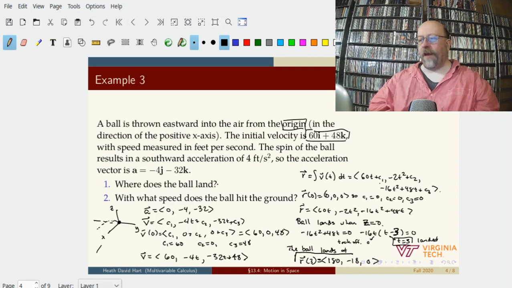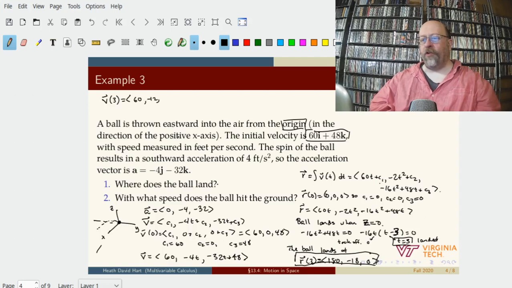And the second question says, what is the speed when the ball hits the ground? Well, we have the velocity vector right here. Where am I going to squeeze this in? The velocity at time 3 is 60, negative 12.